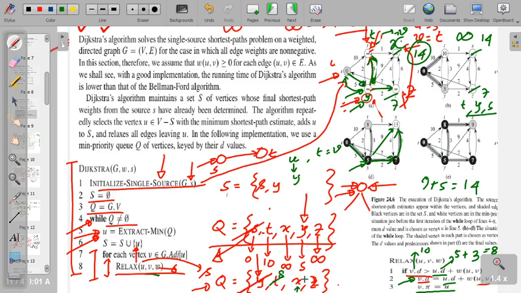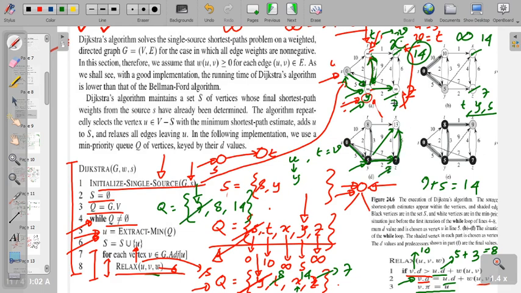What is X? 14. What is Z? 7, right? Now I have to again take it in this min heap form: 7, maybe 8, and then 14. So 7 should be there at the root, and this 7 will be taken up next.